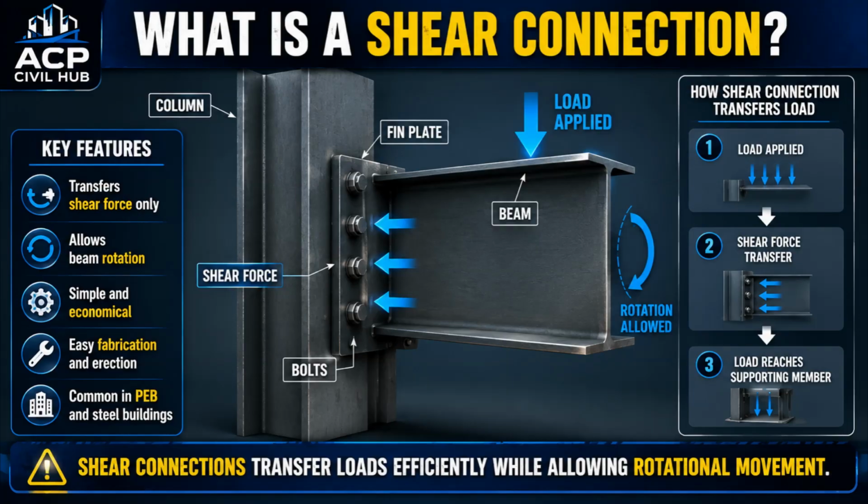The connection allows rotation at the joint while safely transferring vertical loads. Because bending moments are not transferred significantly, shear connections are simpler, economical, and easier to fabricate. These connections are commonly used in PEB buildings, warehouses, industrial sheds, and gravity load structures.